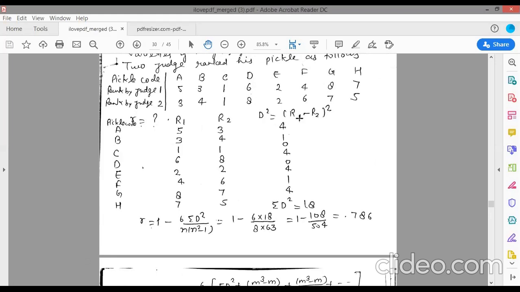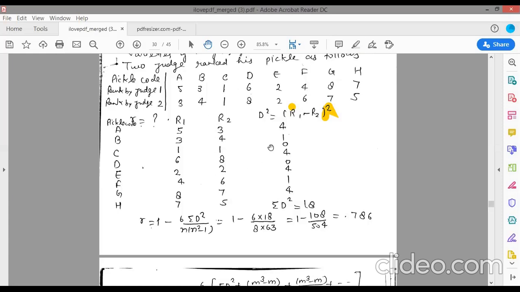Here d is equal to r1 minus r2, and the square is taken on the difference. So first find d and then d square.